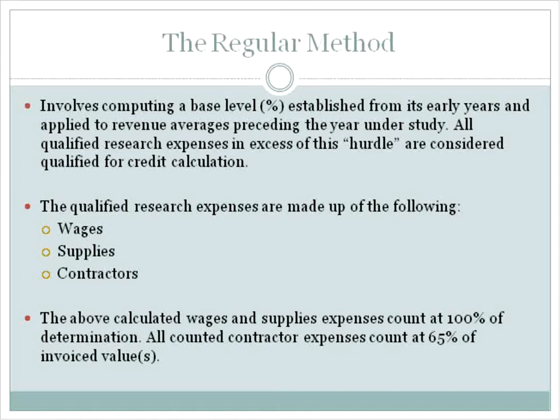To the extent that you are, like in the testing area, if you're building prototypes or using up supplies and materials for testing purposes over and over and over again, all the expenses that you've incurred for the using up of supplies and materials count. The wage portions that you figure and the supplies that you figure count as 100% of what they've calculated.